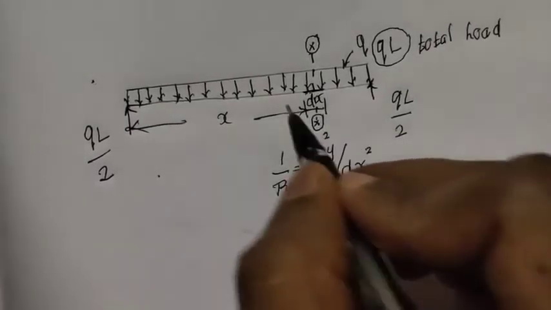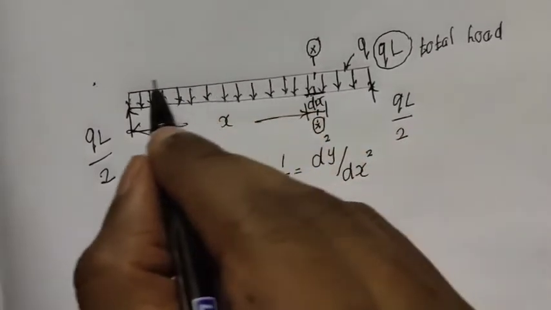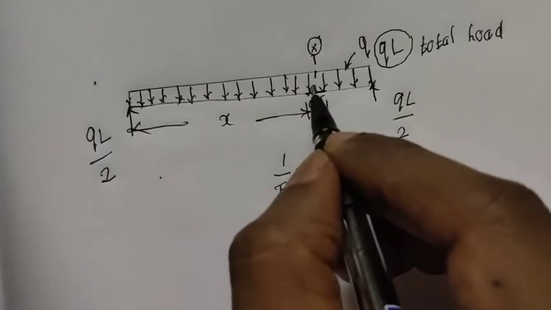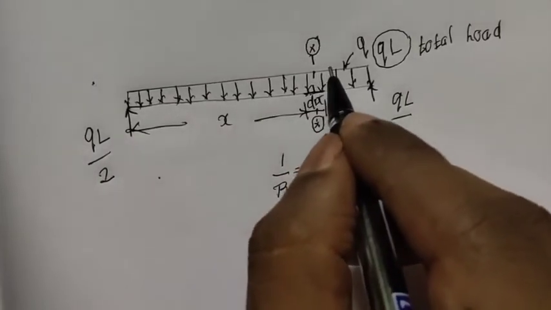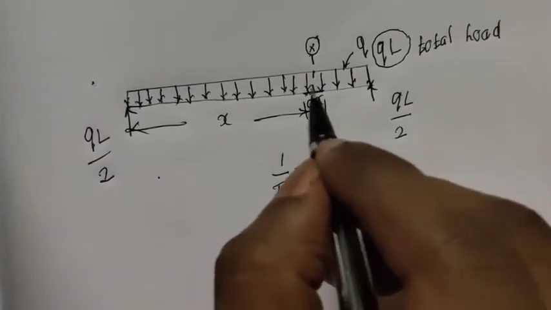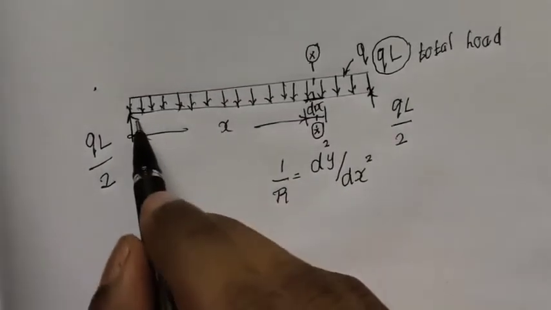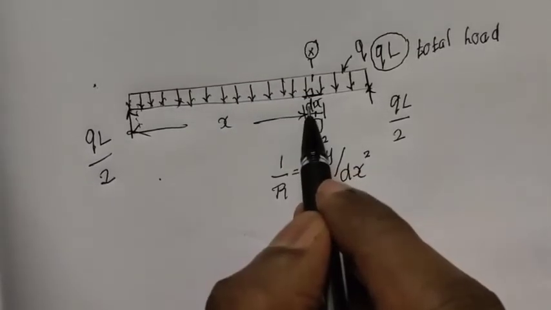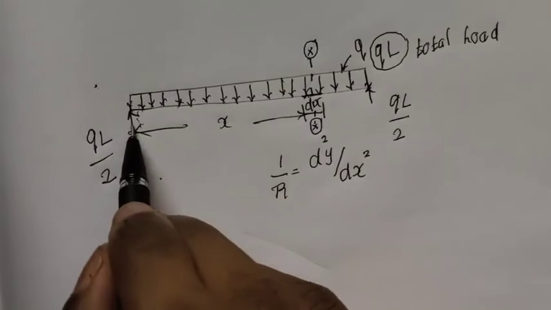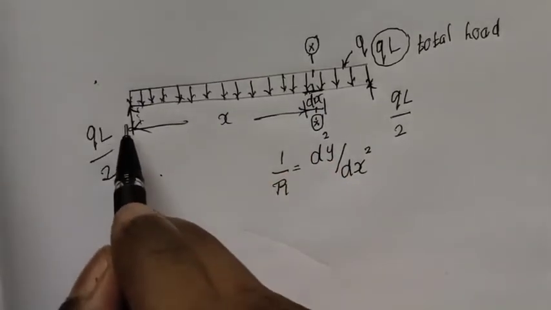And what is bending moment about the section XX? Well, you can either consider the total load that is acting on the left hand side about this section XX, or you can consider the total load that is acting on the right hand side about the section XX. So I will just consider the total load that is acting on the left hand side of this section XX. And the moment of this load about the section XX, that is going to be force into perpendicular distance.